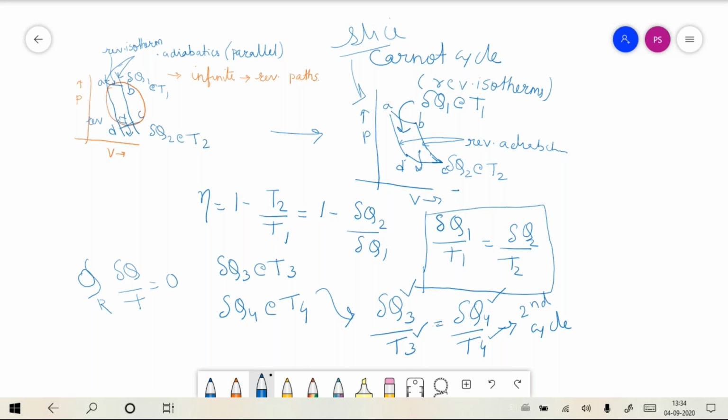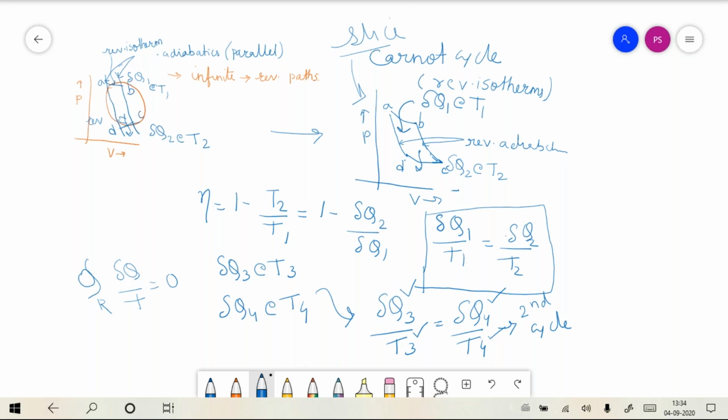Now, when I say del Q2 by T2, I have already incorporated the negative sign of heat rejection over here.